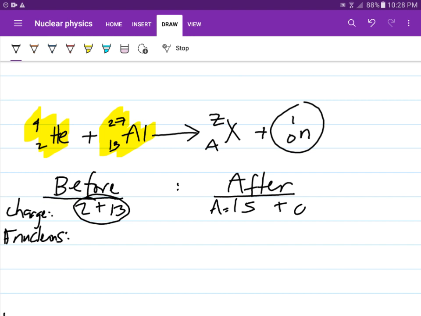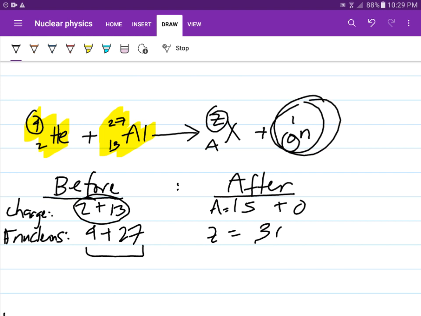For the number of nucleons, we have 4 plus 27, which is 31, and since we have another neutron, we have 30 plus 1 from this neutron, so our A should be 30.